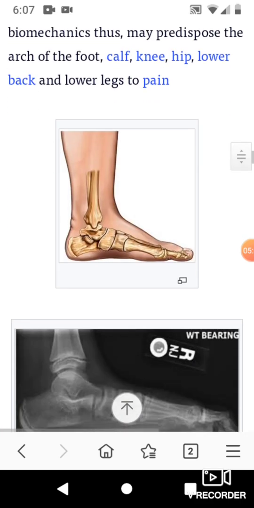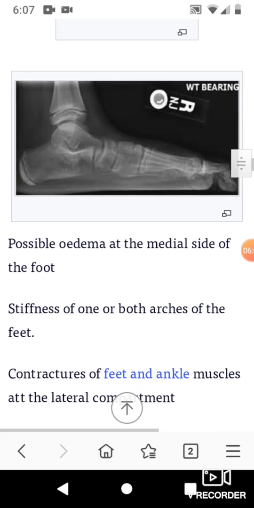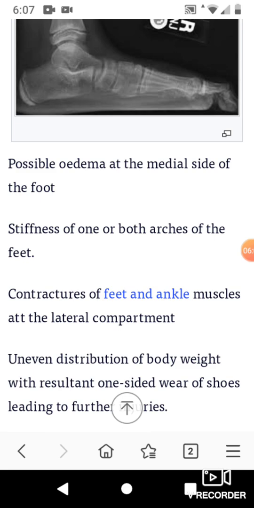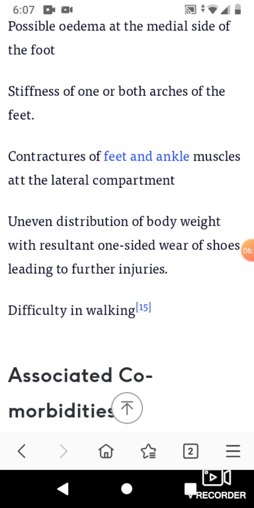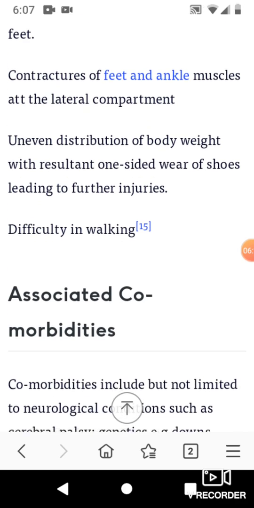Also edema at the medial side of the foot, stiffness of one or both arches of the feet, and difficulty in walking.